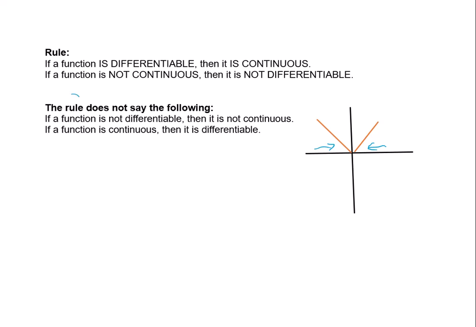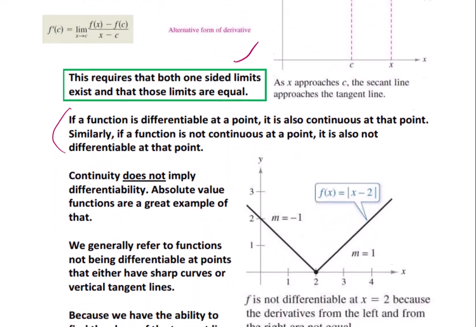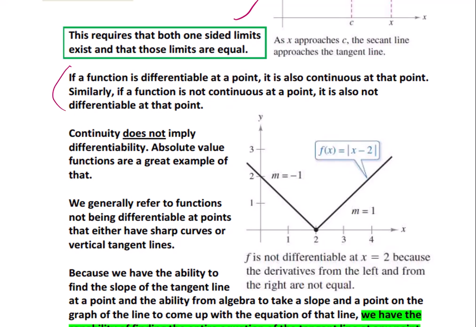So I just want to illustrate, this is not being said down here. So don't make that mistake. And in the notes themselves here, notice it says continuity does not imply differentiability. Just because it's continuous doesn't mean it's differentiable. And there's that absolute value function again.